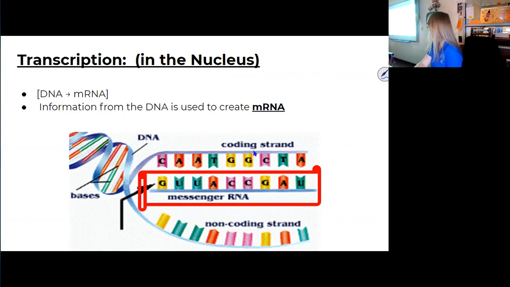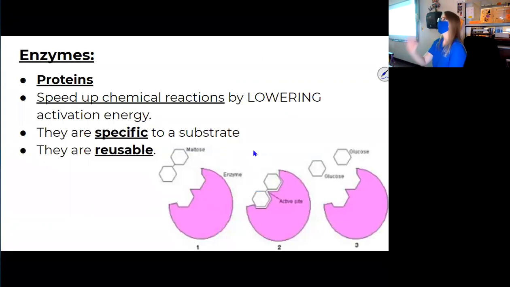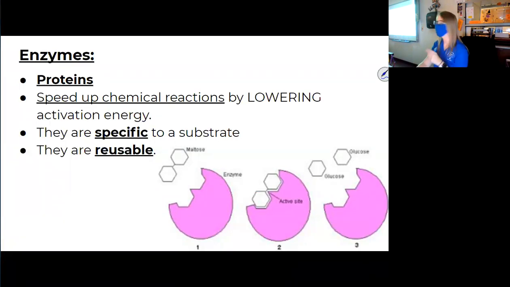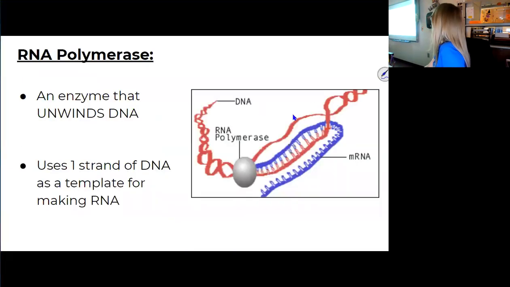Well, how do we make it? It's very, very easy. First, we got to remember what an enzyme is. You don't have to write this down. We just need to know. So they're proteins. They speed up chemical reactions. They're specific and they're reusable. Again, you don't need to write this down, but you do want to make sure you remember it, okay? All right.